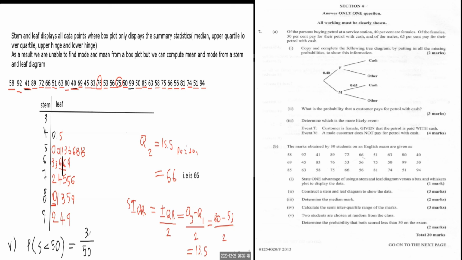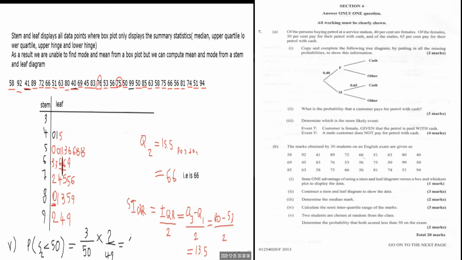Well, that's the probability of one student getting less than 50, and it said 2 students. So the probability of both students getting less than 50 is the first student getting less than 50, then when you take out that student, you have 2 over 49. All right, so this is the probability that both of them get less than 50.